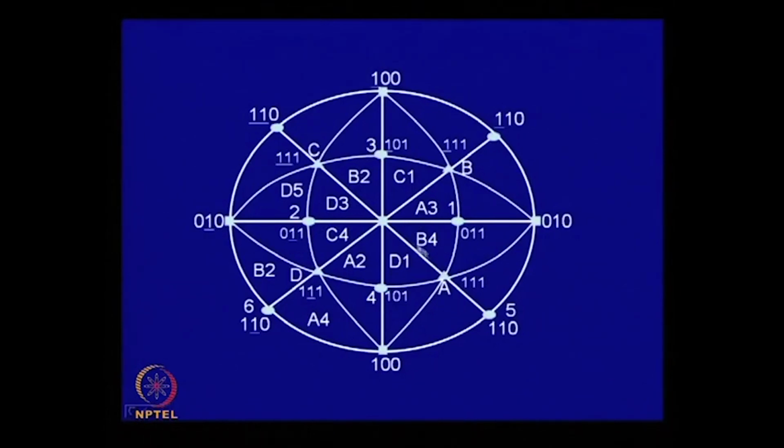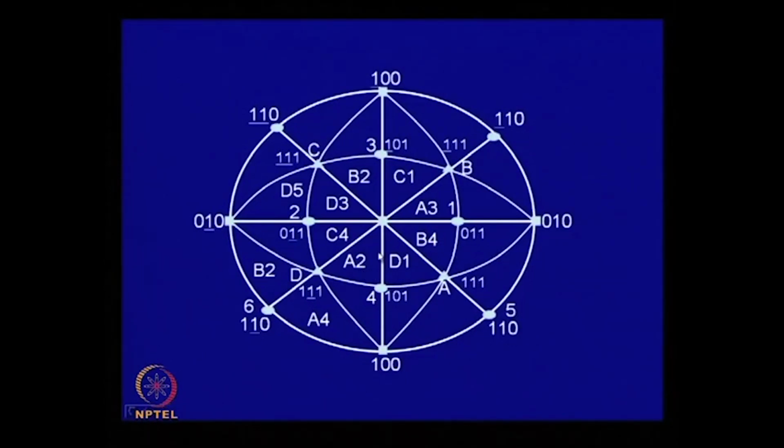And if the tensile axis lies within a triangle somewhere here, in that case B4 is the slip system. So, that means B is the slip plane, so the slip plane is this and the slip direction is this. Now, I have listed, following the same logic, some of the slip systems, and I leave it to you as an exercise to fill up which are the possible slip systems here.